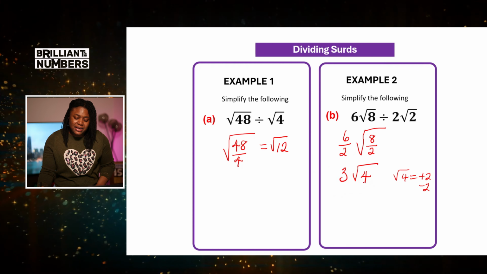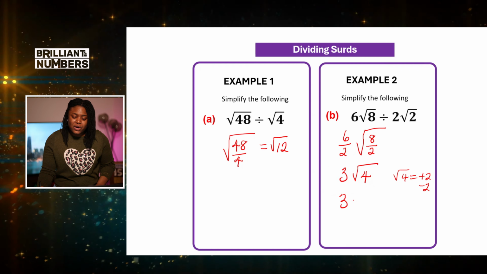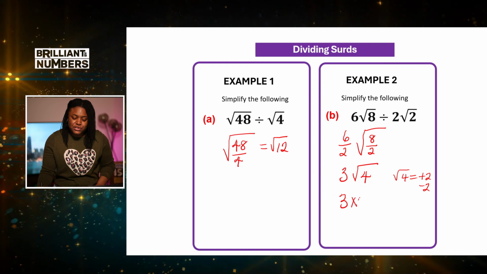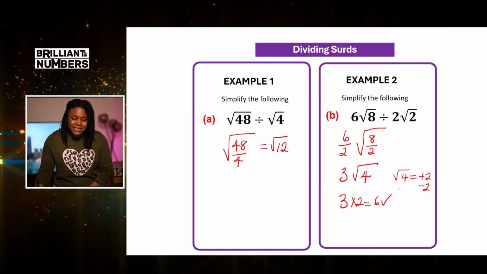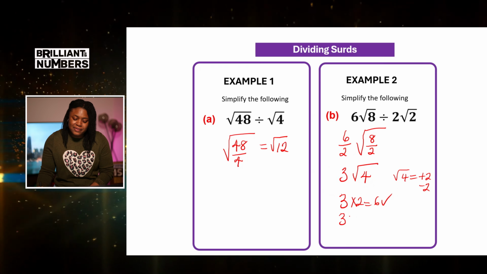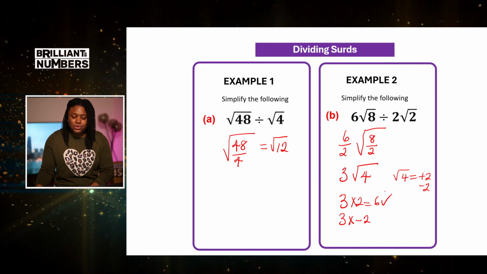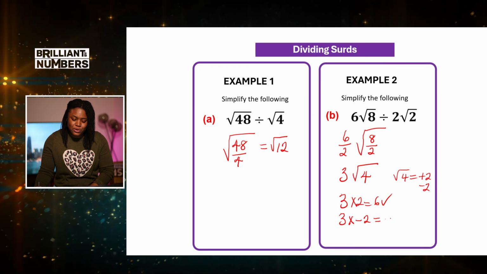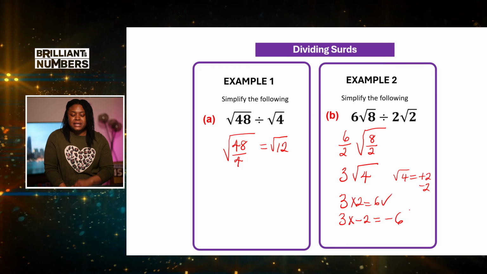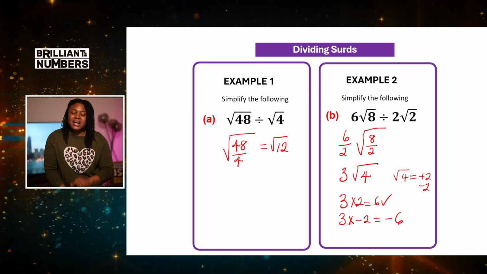So it's going to be 3 root 4, which could be 2. So 3 times 2 is 6. That's if we use the positive value. And then it could also be 3 times minus 2 if we use the negative value. So the answer to this question could either be positive 6 or negative 6.